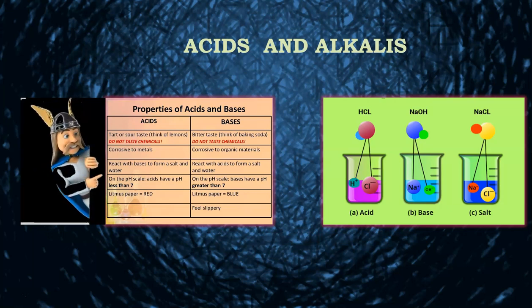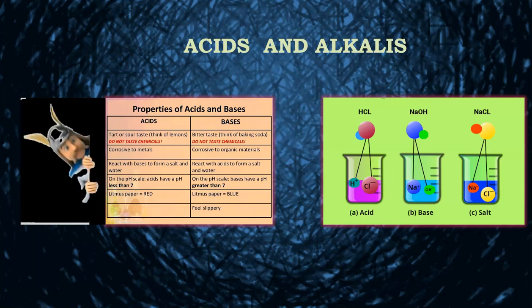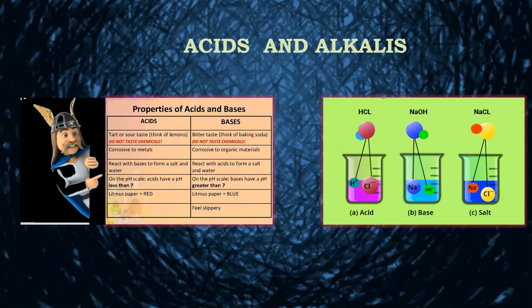So let's start with acids and alkalis. At the very first, we're going to discuss the properties and the physical characteristics of acids and bases. Acids are sour in taste, whereas bases are bitter.